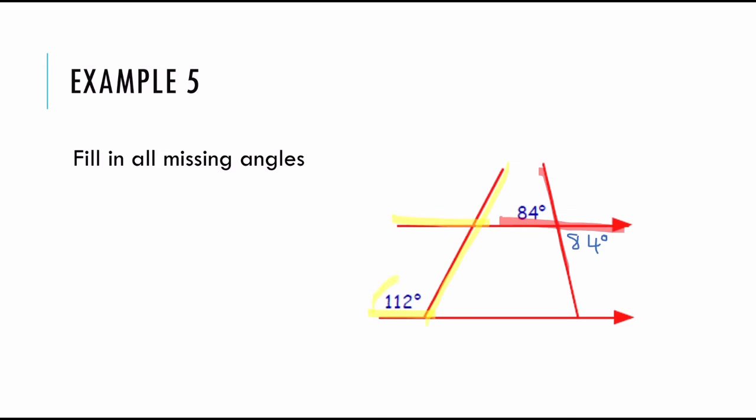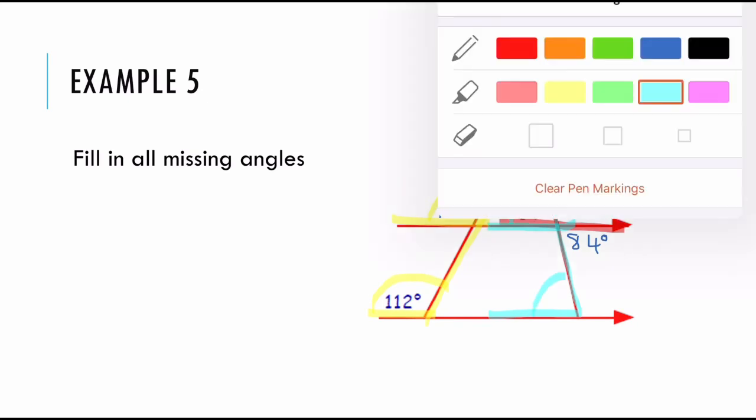If 112 sits on top of the parallel line here, it must also sit on top of the parallel line here. Using another F angle, I can see an F shape forming here. If 84 is sitting on top of the parallel line up here, it must also be sitting on top of the parallel line down there.